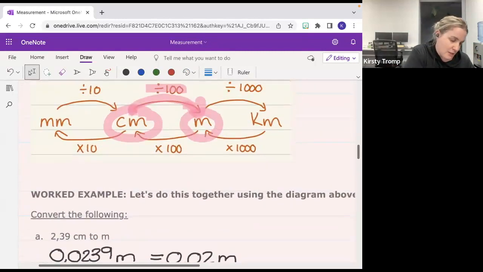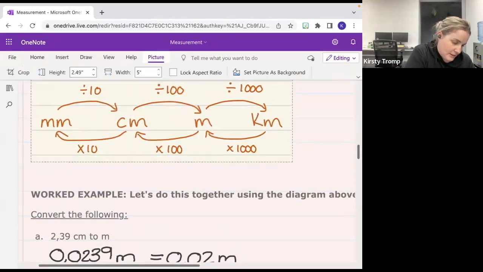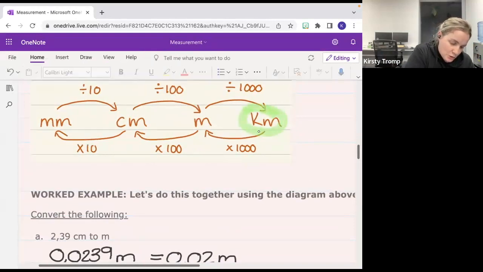If I'm going from kilometers to meters, it means that I'm going backwards, and I'm going to have to multiply by 1,000.